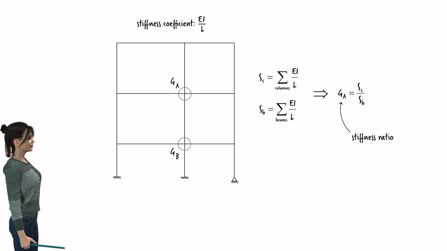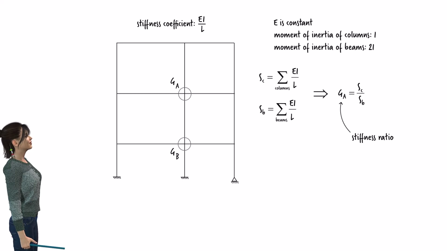Suppose the frame members share a constant modulus of elasticity, E. Here we are assuming the members behave elastically, resulting in a constant E. Furthermore, let the moment of inertia of the columns be I, and use 2I for the moment of inertia of the beams.